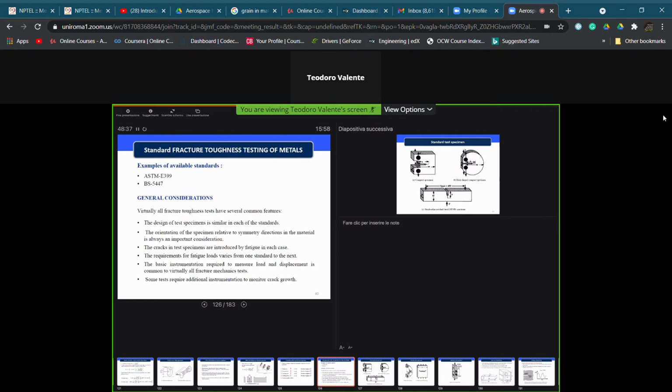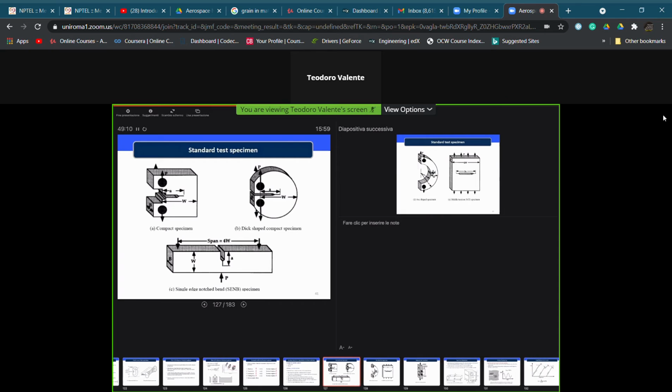We do have the American Society for Testing and Materials standard, and here you have the standard to which we must refer for making our lab testing, or for example, the British standard. But in any case, we have standards, so we know how we need to fabricate our specimens at lab scale, how we need to test these specimens, and how we need to elaborate the experimental results in order to define, from the experimental data, the fracture toughness of the material itself.